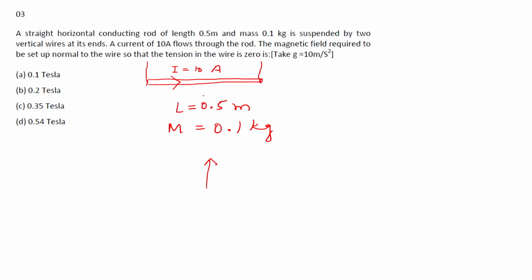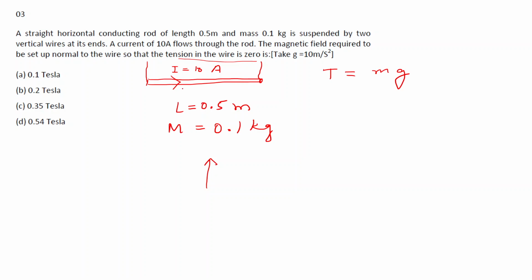If we support this weight of the rod from opposite direction, then the tension in the wire will become 0. So how much is the magnetic field required to be set up normal to the wire so that the tension in the wire is 0? So the tension is due to the weight of the rod.